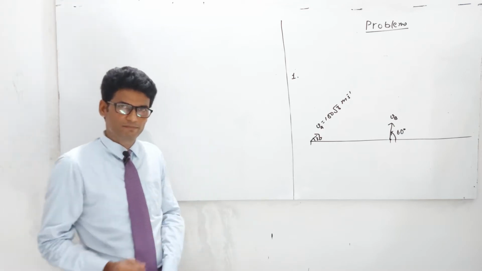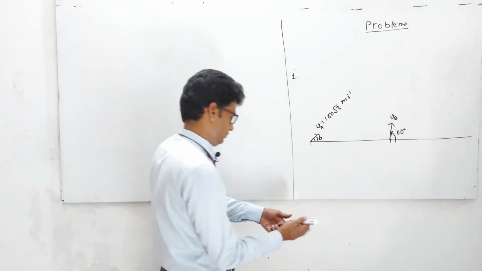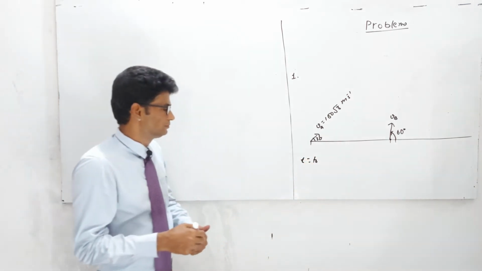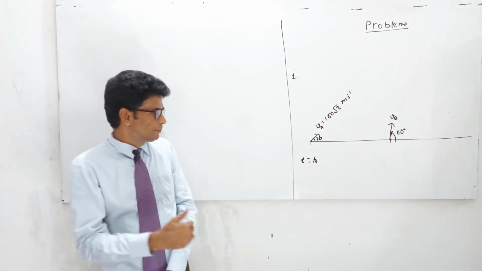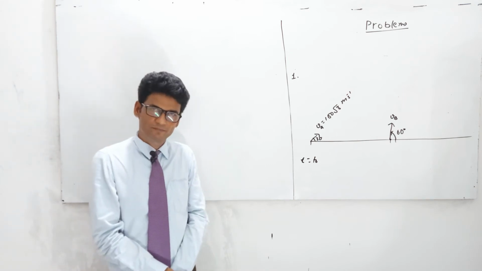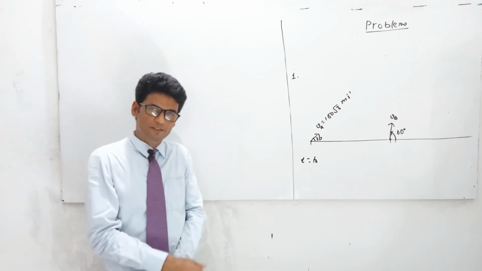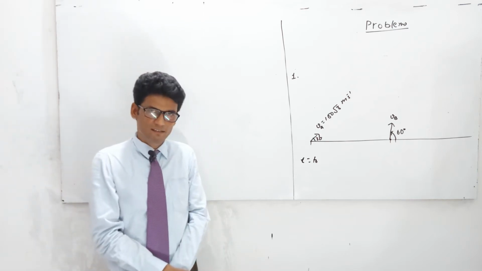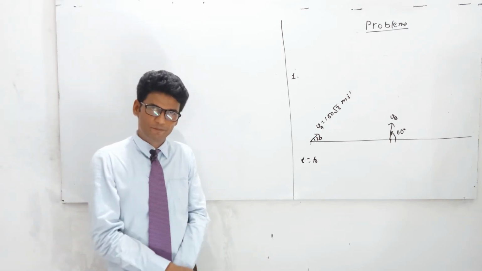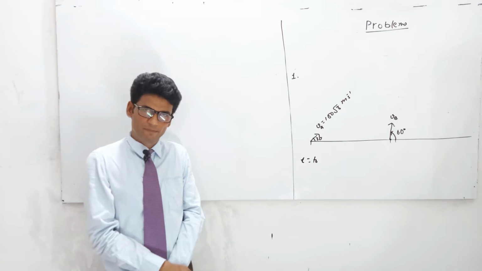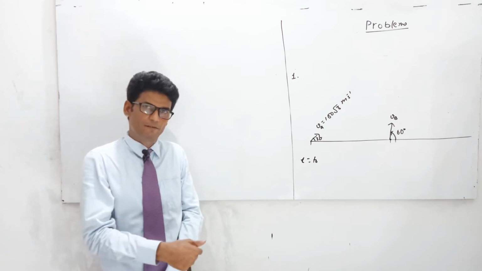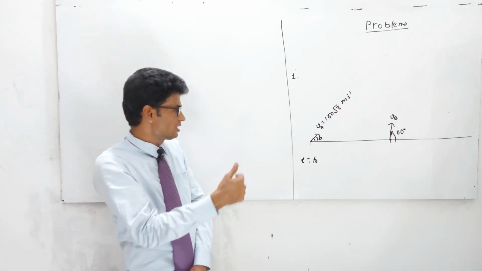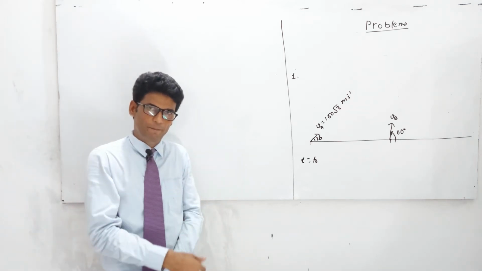After some time, say t is equal to t0, aeroplane A escapes being hit by the aeroplane B. Then we have to find this time t is equal to t0 in seconds.